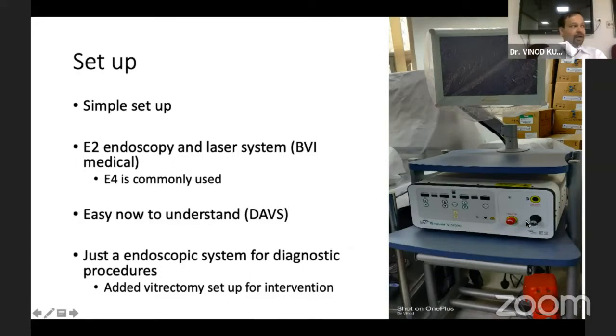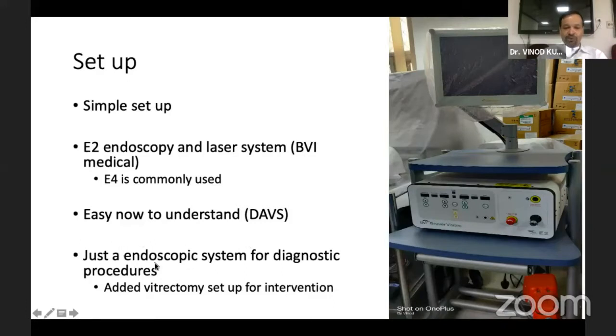It is very easy to understand nowadays with the onset of digitally assisted vitreoretinal systems. Rather than looking into the microscope, we look at the screen, and whatever is captured by the camera through the probe is projected onto the screen, and we look directly at the screen and not into the microscope.